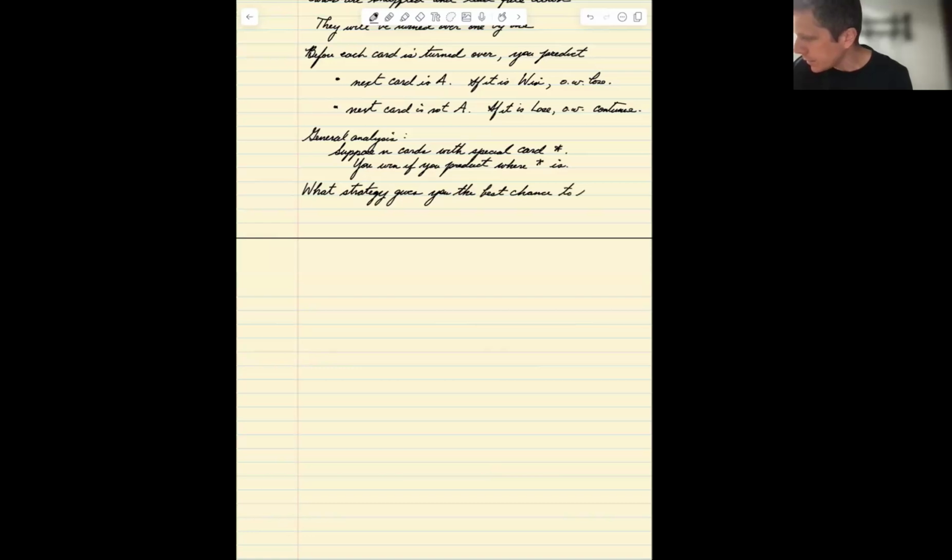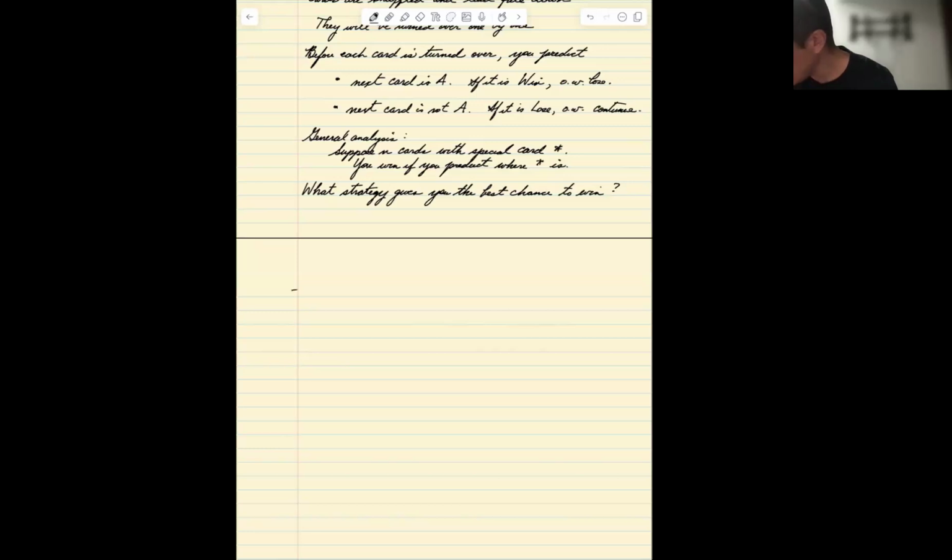What strategy gives us the best chance to win? Let's think about some possible strategies. One strategy would be to always predict that the first card is the special card.